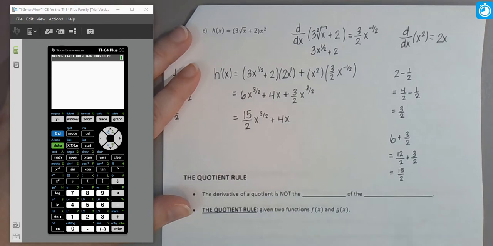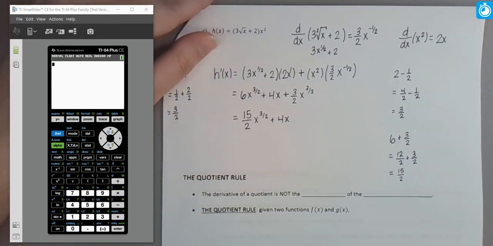So you're going to end up layering all of these rules. The product rule, the quotient rule are going to be for more complicated situations, but because they're each going to require individual derivatives, those individual derivatives of the individual expressions, that'll again allow us to use our other rules like the power rule, like the constant rule, those kinds of things.